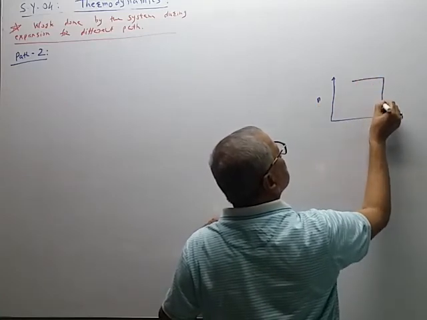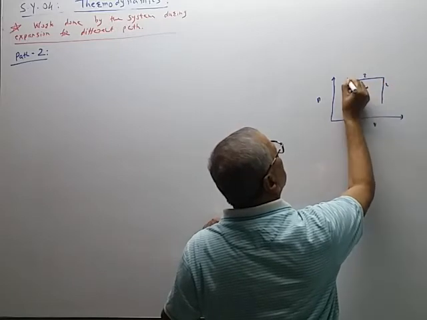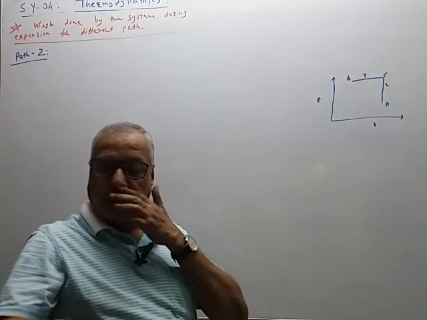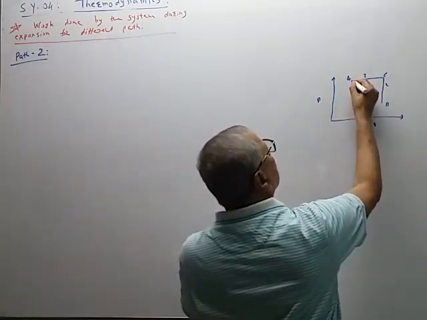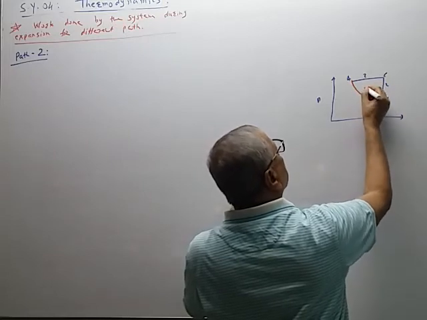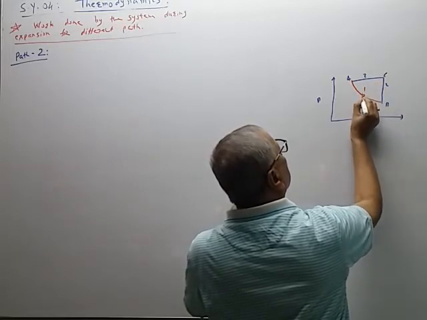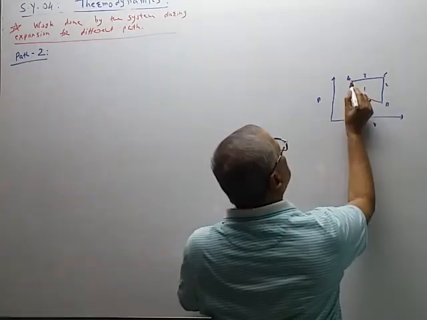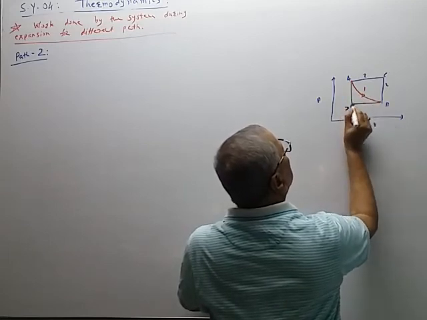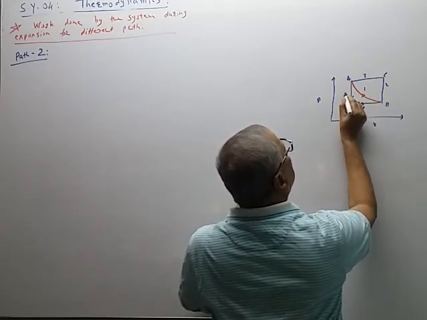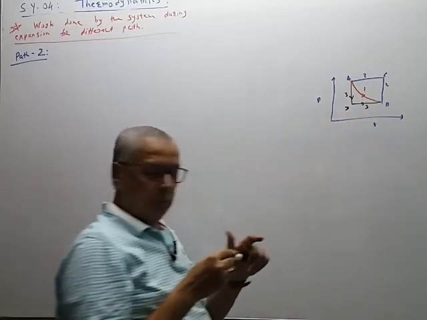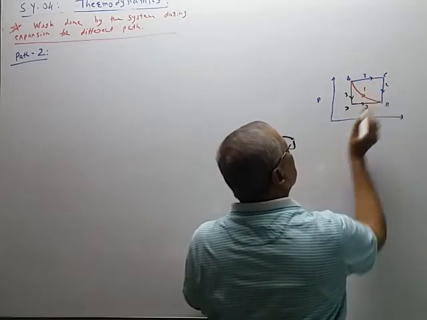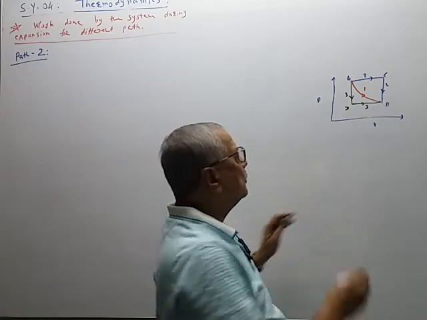So one path is this, path number 2, ACB. This is path number 1. We have already worked this point. And path number 3. Path number 3. Path number 2. So first we are going to consider W2.